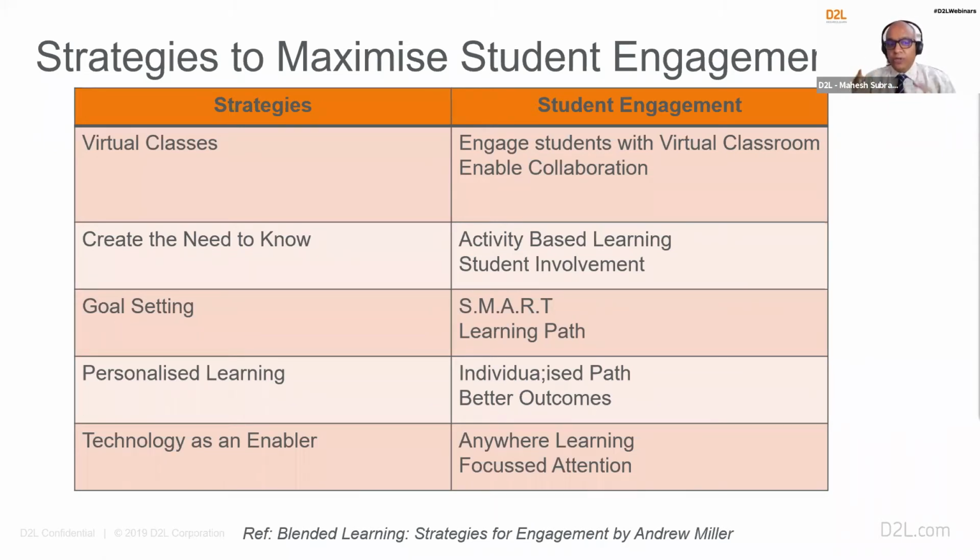Now, when we look at that, there are a few strategies that we believe are important for student engagement. Right? So the idea is to make sure that we have a clear path to using hybrid learning. It's not something we do by accident. It's not something we do by force. We're trying to build a strategy to ensure that hybrid learning works in the long term as well.